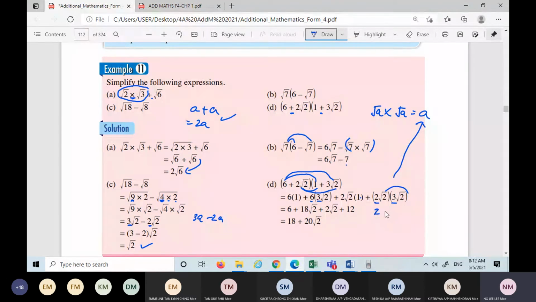So it's 2 times 3, and then square root 2 times square root 2, you get 2. 3 times 2, 6. 6 times 2, 12. This is how you get 12 here. After that, number with number combined. So you get 18. And this one with the third one combined. 18 plus 2, so 20 square root 2.